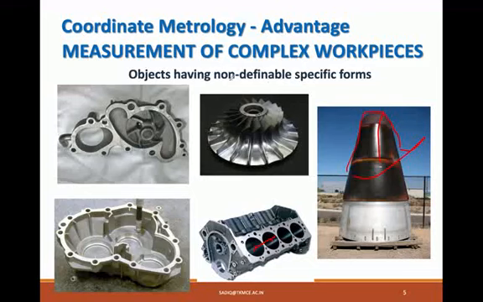Complex means objects having non-definable specific forms, like we have many definable shapes like cuboid, sphere, cone, etc. If you are unable to explain the shape of an object by these defined forms, such forms are called complex shapes.